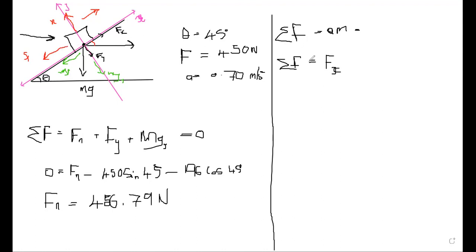Then we have minus mgx, which is in the negative direction, minus F, which is the frictional force. So these should all be equal to ma, which is acceleration times the mass.